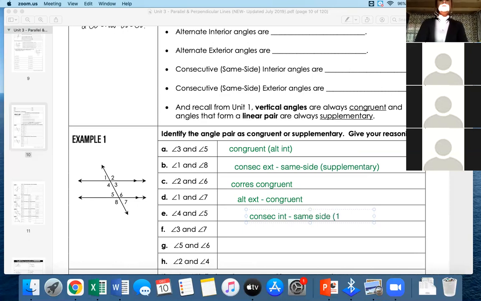And those are always going to equal 180 or be supplementary. Then we have 3 and 7. Great job, they're corresponding. So therefore we know that they're congruent.